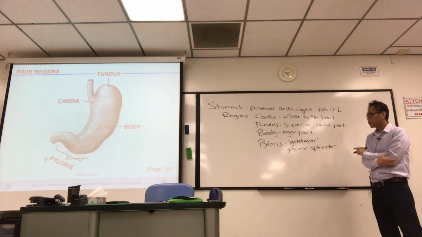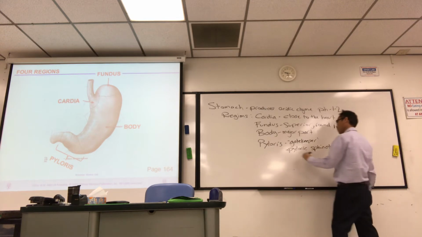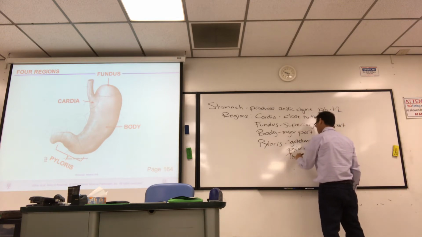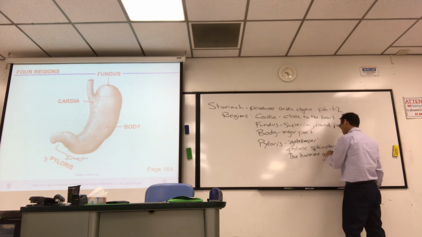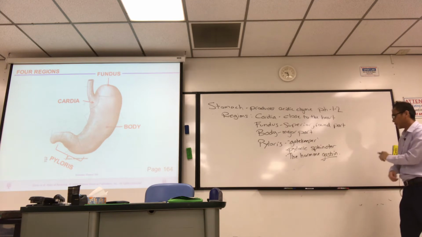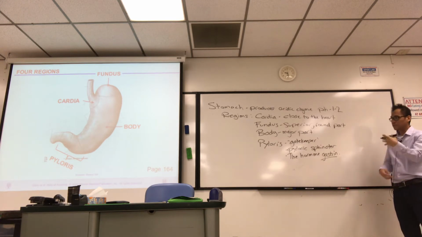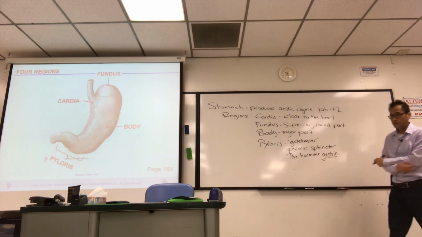But only in this region do the gastric glands secrete the hormone gastrin, to help facilitate more gastric juice to aid in digestion. You don't see it in other regions.